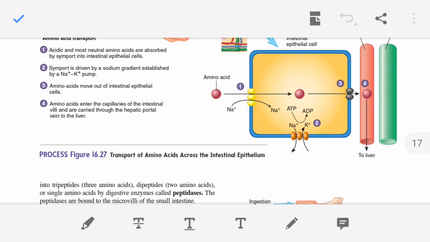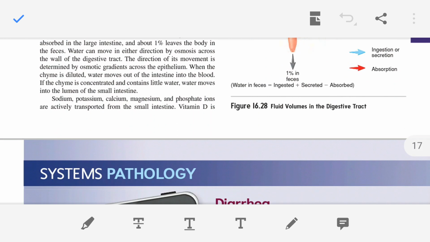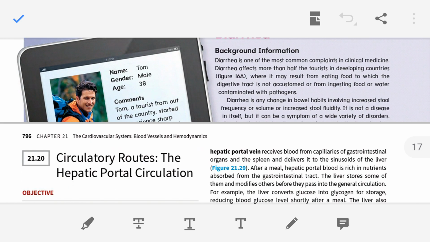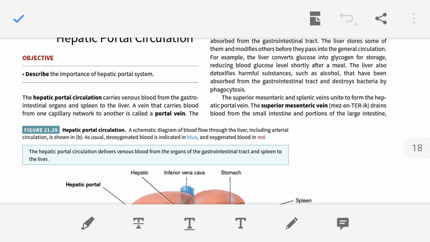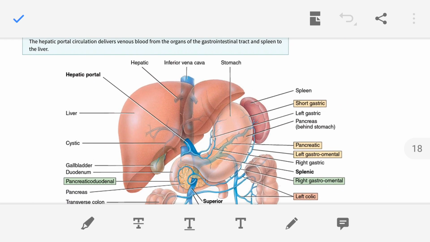So again, capillaries will join venule formation. Venule will open into vein. That vein is the hepatic portal vein. So now we know the same route.